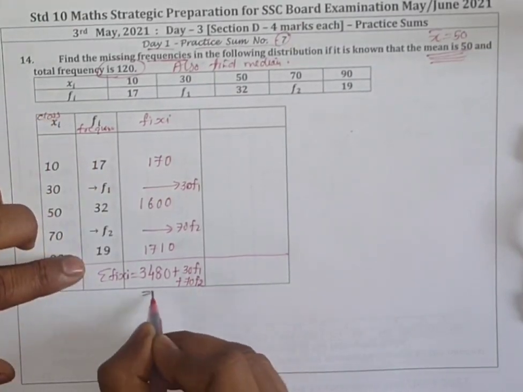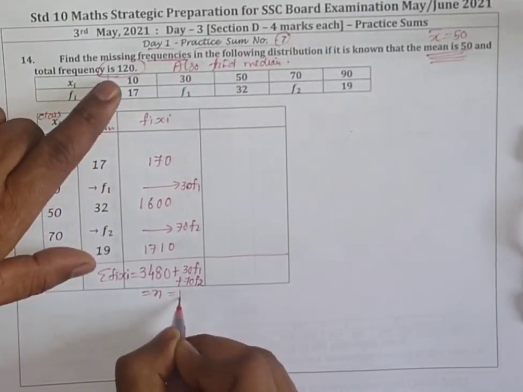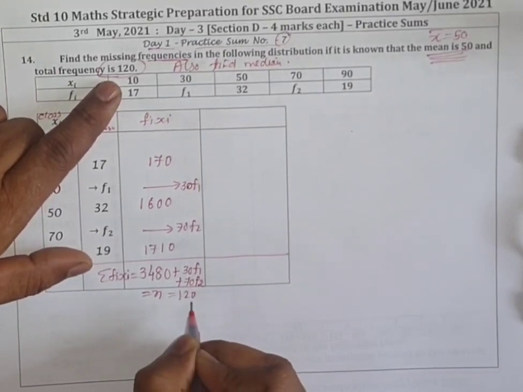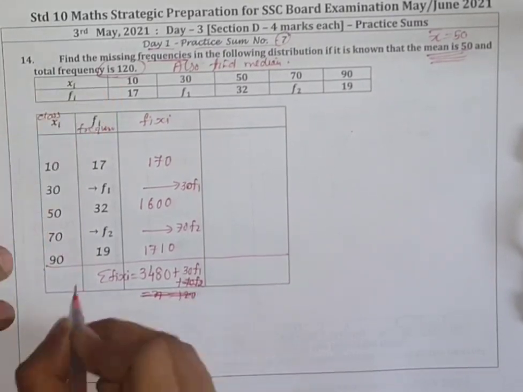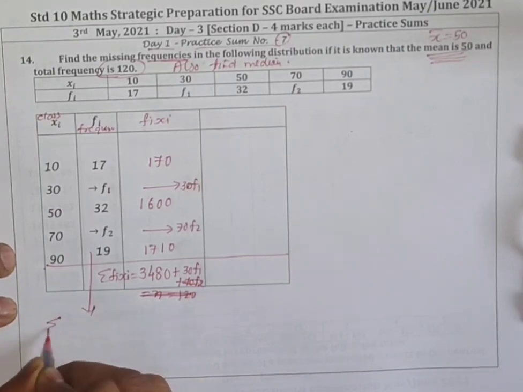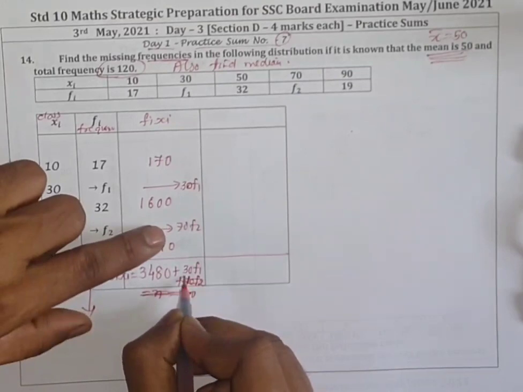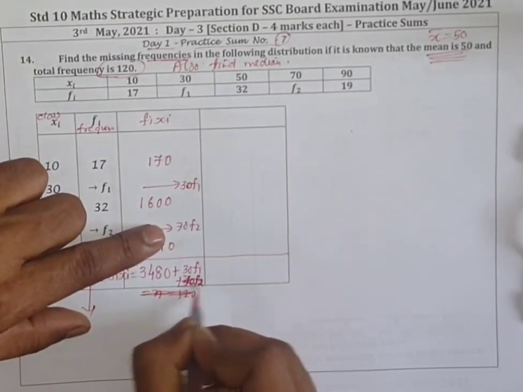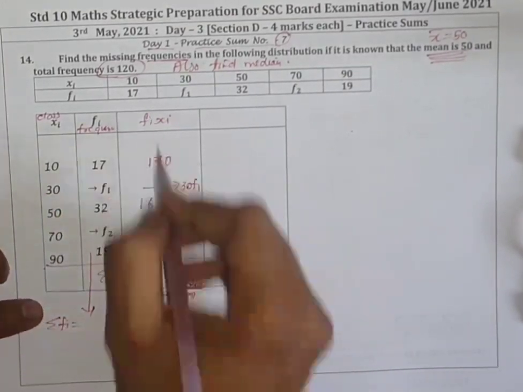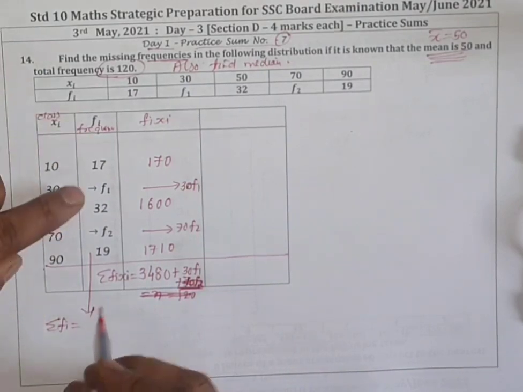Alright. And sigma fi is equal to n, and that is equal to 120. That is sigma fi xi. मुझे sigma fi चाहिए.